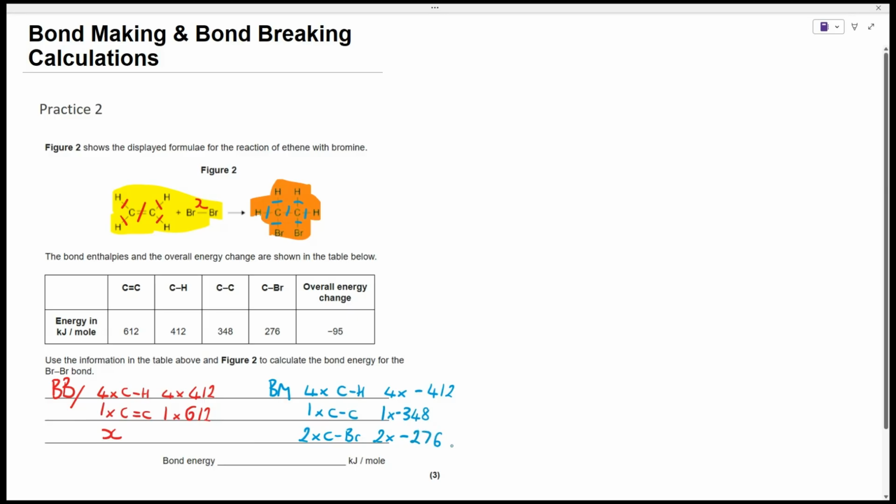So what I'm going to do to make life a little bit easier for myself, I'm going to highlight the numbers on this side and I'm going to turn them into one value. So on my bond breaking side, I get 2260 for that.